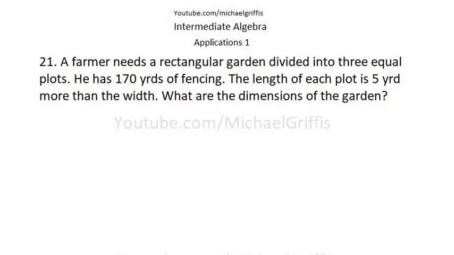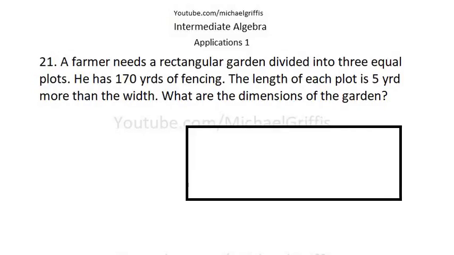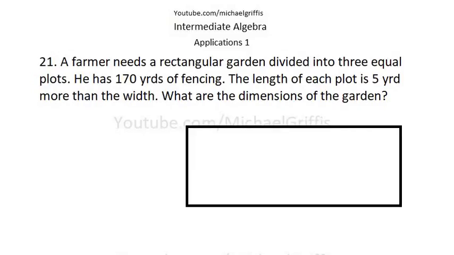Let's go ahead and draw a picture of what this problem is talking about. So, okay, we'll say that this is the garden, and we're going to attempt to put it into 3 equal plots, and of course this is just going to be an attempt.